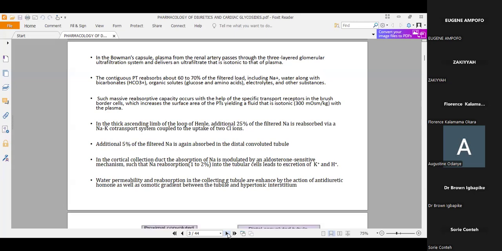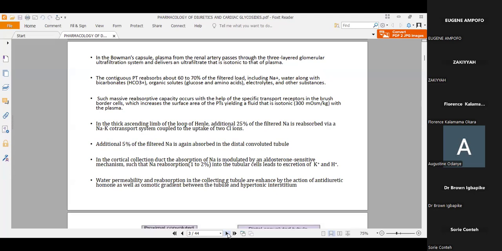Then from the proximal tubules, the filtrate passes to the thick ascending limb of the loop of Henle, where an additional 25% of the filtered sodium is reabsorbed via a sodium-potassium co-transport system coupled with uptake of two chloride ions. An additional 5% of the filtered sodium is reabsorbed in the distal convoluted tubule.